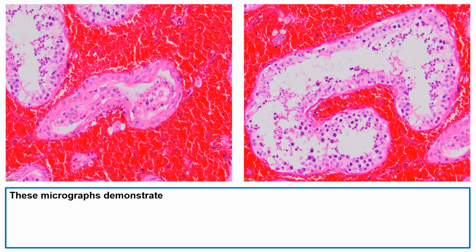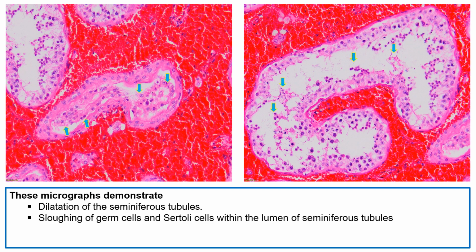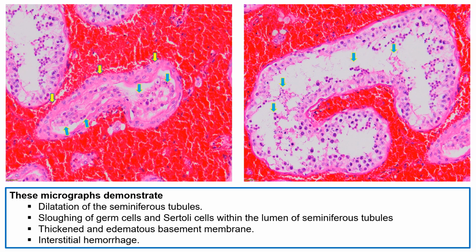These micrographs demonstrate dilatation of the seminiferous tubules, sloughing of germ cells and Sertoli cells within the lumen of seminiferous tubules, thickened and edematous basement membrane, interstitial hemorrhage.